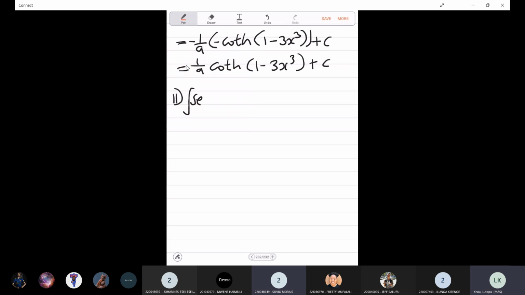Okay, let's differentiate this one. The derivative of this is 1 over 9, derivative of cot negative, and then we multiply by the derivative of the inside.